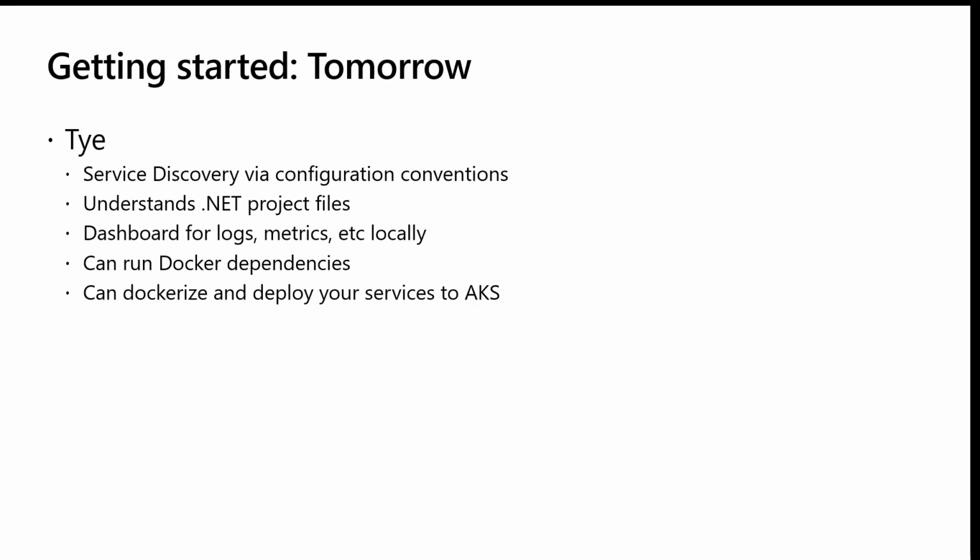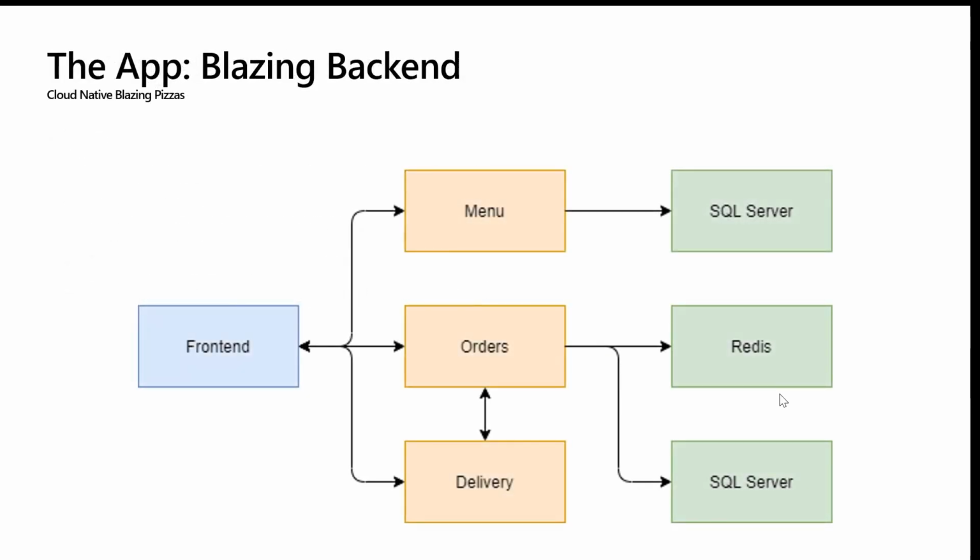So let's skip forwards a little bit, and let's talk about this next application that I'm going to show you. It is a much more complicated app. If any of you have seen the Blazing Pizzas application, this app is taking the Blazing Pizzas app and cloud native-ifying, for lack of a better word, the back end for that.